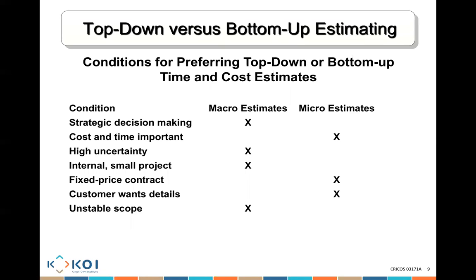But when is a bottom-up approach better? When do you need the details in your analysis? Well, when costs and time are important and we need to manage them. When there's a fixed-term contract where the person is going to pay me that amount whatever happens, I can't make an estimate I'm not 100% sure about, because otherwise I won't make money. I have to be very clear on what I'm actually going to be doing.